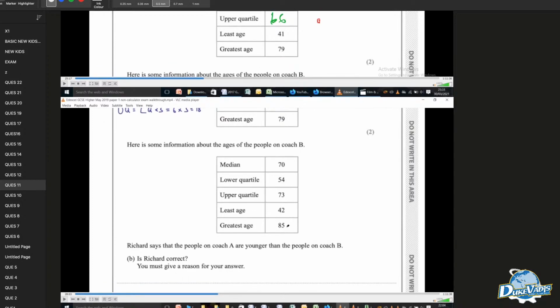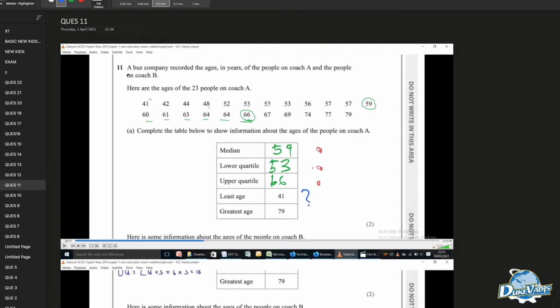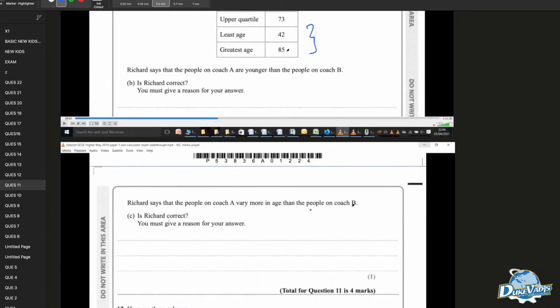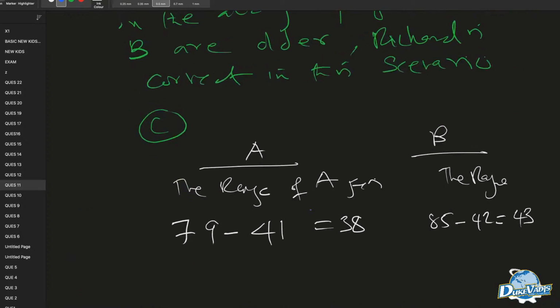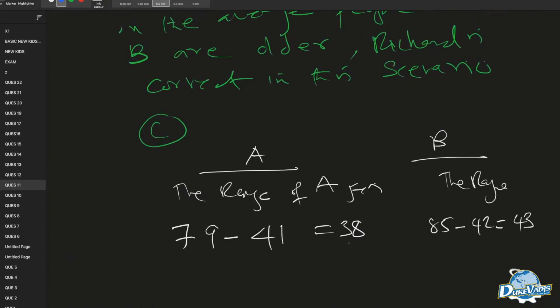When you look at the range, you see this. Let me mark it well. This is the range here, and compare these two. If we subtract, then this is what we get for A, and this is what we get for B. Now, let's look at the IQR, interquartile range.